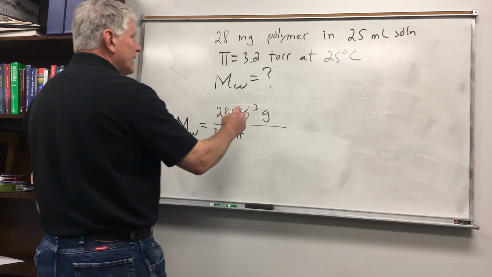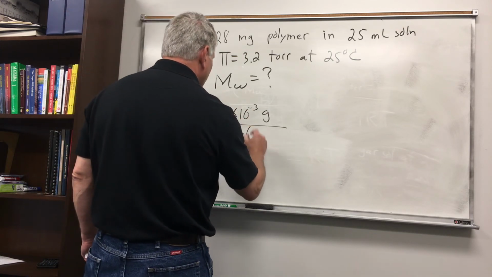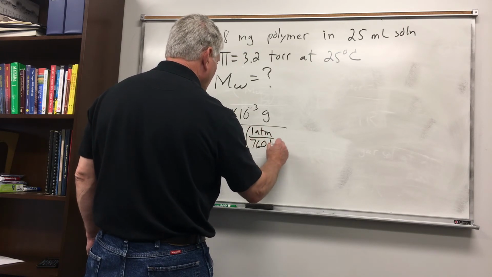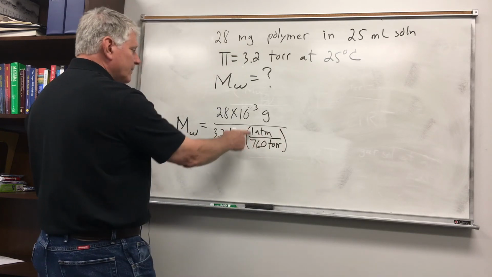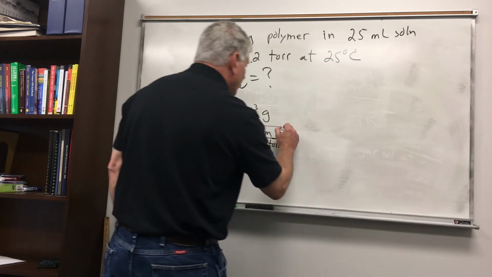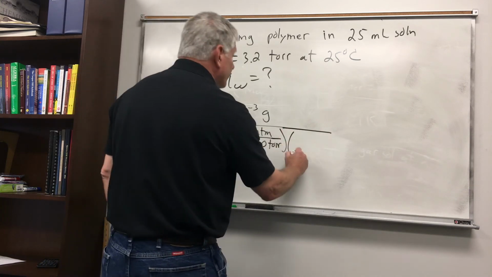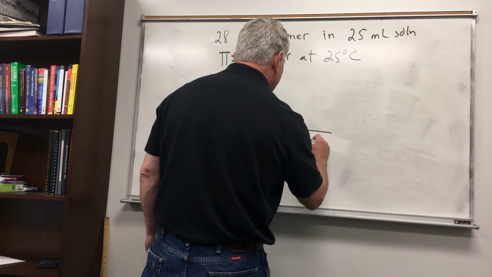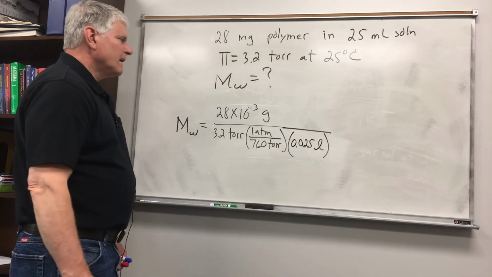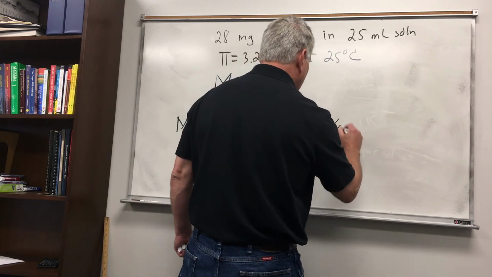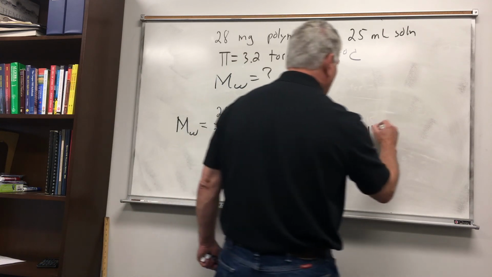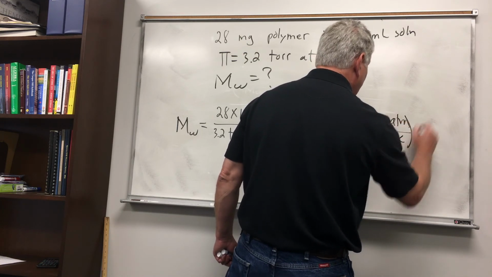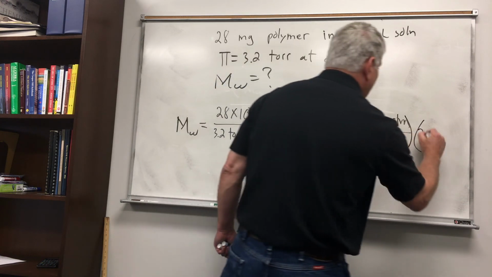But R, the ideal gas constant, is given in terms of atmospheres, so I'll convert this to atmospheres. So there's 1 atmosphere per 760 torr. So that's the osmotic pressure. Now the liters of solution, so that's 25 milliliters, so that's 0.025 liters. And then multiply by R. And the temperature, 298 Kelvin.